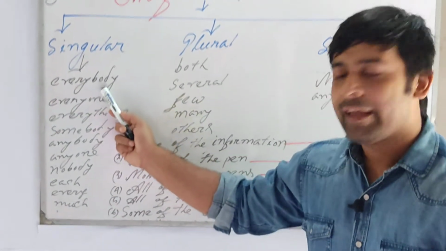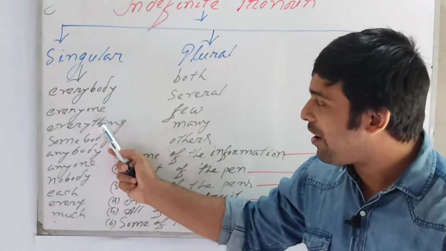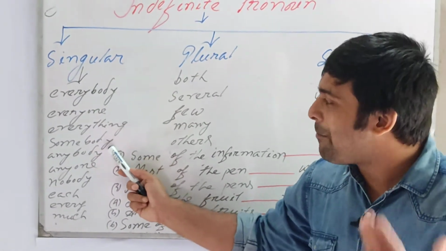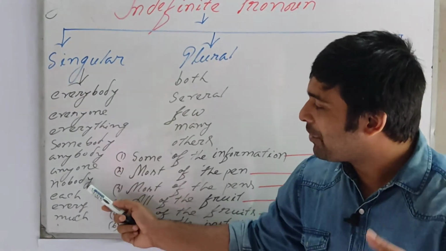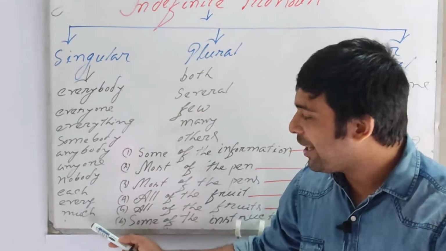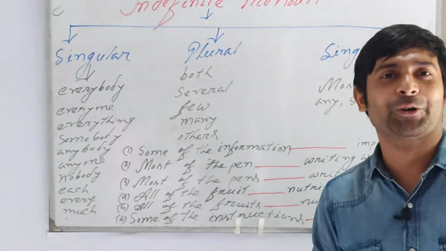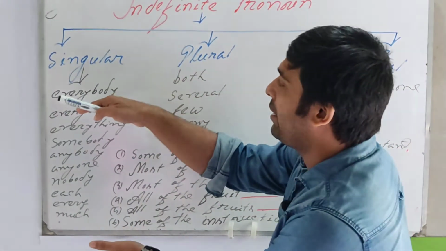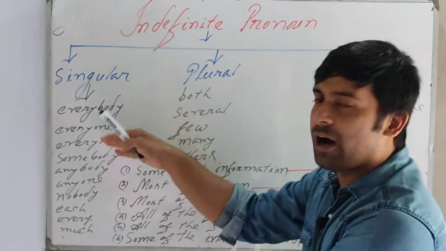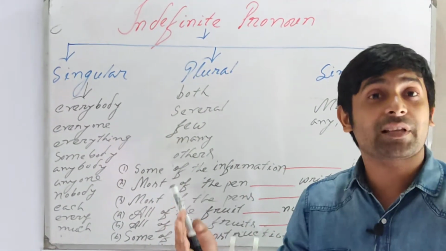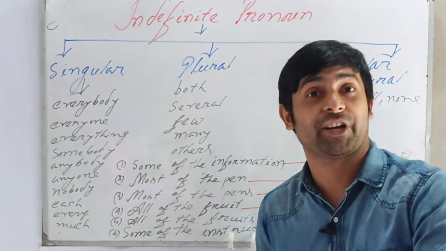So that's everybody, everyone, everything, somebody, anybody, someone, anyone, nobody, each, every, much. All of these indefinite pronouns are used as the singular subject always.